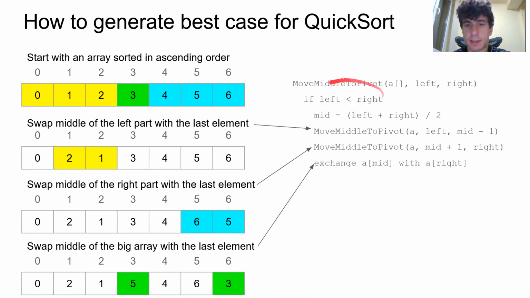If we have at least two elements, we take the middle, we fix the left part, we fix the right part, and then we swap the center with the last one. I mean, here, after we fixed left and right.